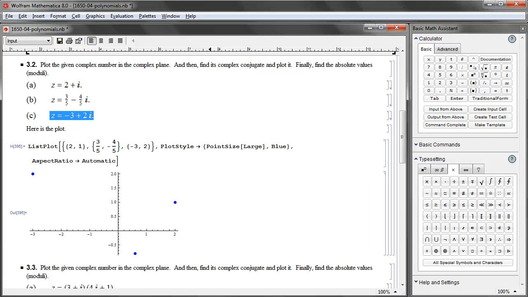So what's the moral of this story? x plus yi corresponds to x comma y in the rectangular coordinate plane. So every complex number corresponds to a point in a coordinate plane, which we call the complex plane.